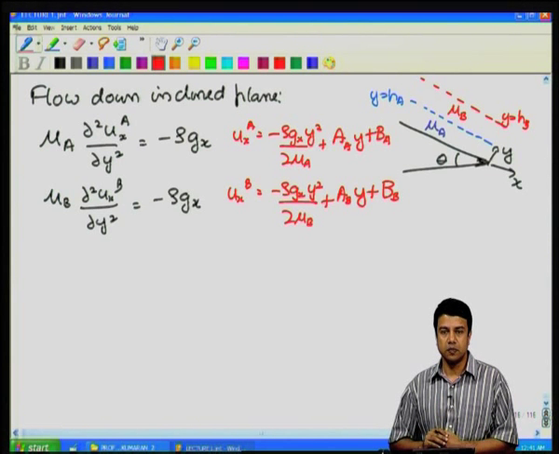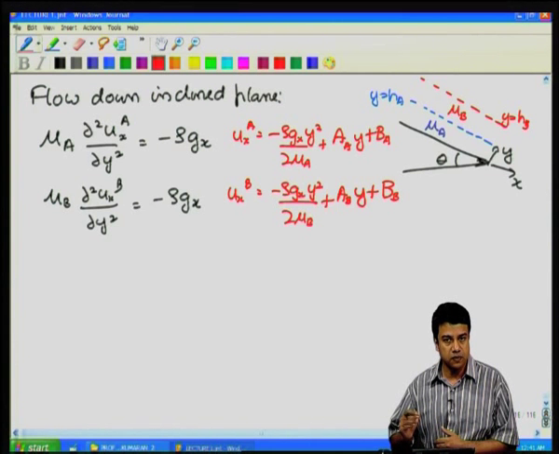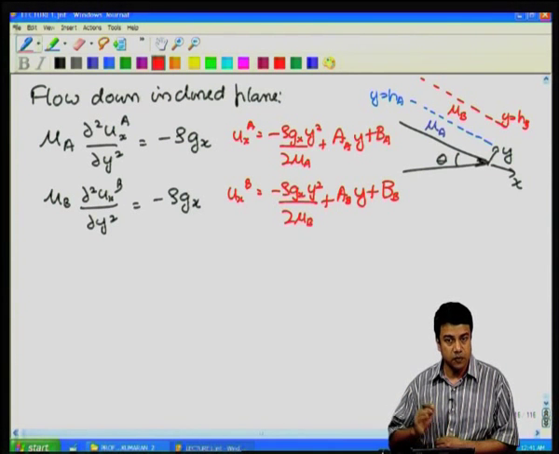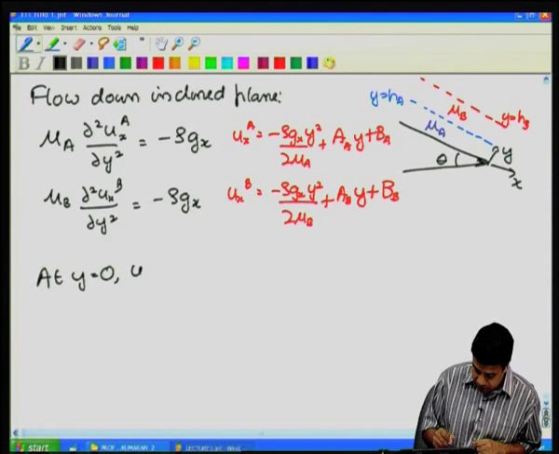Boundary conditions. There are 2 boundaries, one at y is equal to 0, which is the boundary between the bottom fluid and the solid surface. The other at y is equal to h B, the boundary between the top liquid and the gas, and there is an interface between these two. So, at the bottom boundary I require that at y is equal to 0, u x A is equal to 0.